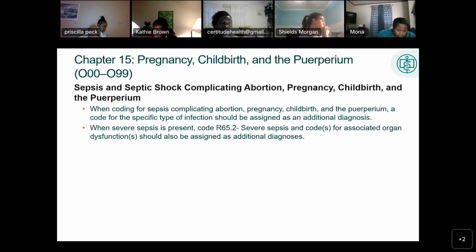Code R65.2, severe sepsis, and codes for associated organ dysfunction. Like if it was kidney failure or respiratory failure, whatever organ dysfunction there was, you would code those additional codes. So basically just following the guideline there, and that is guidelines J and K.